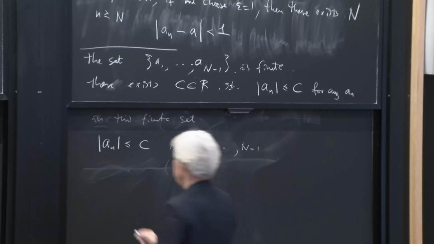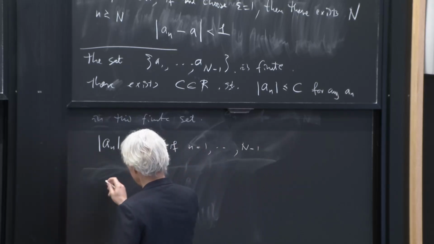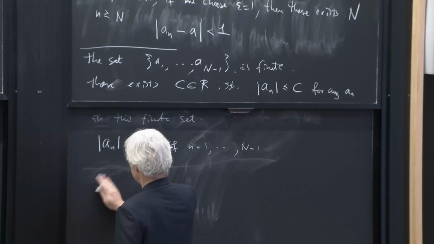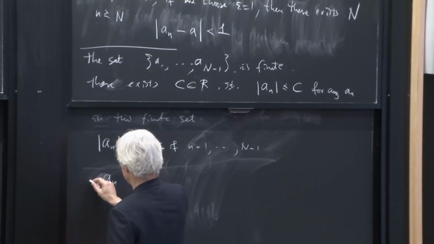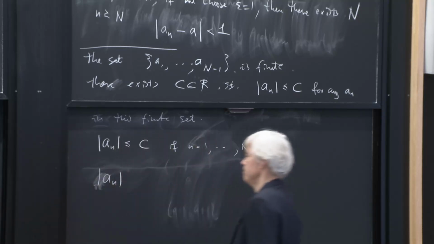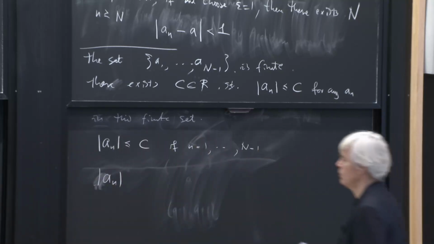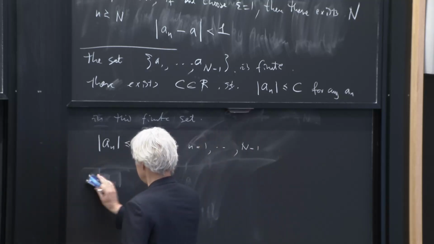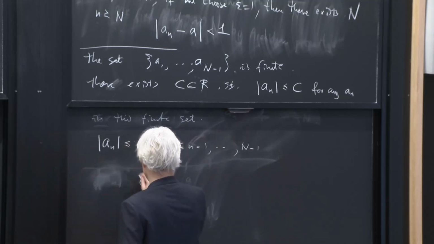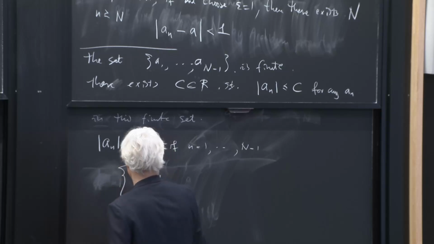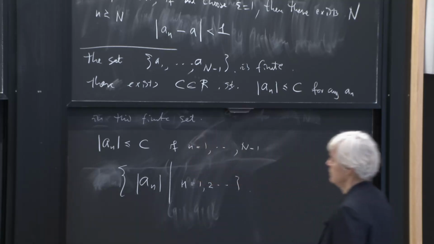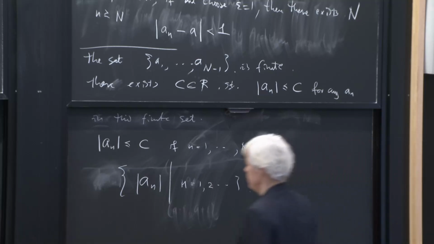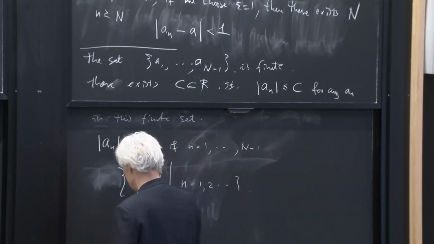So now I want to look at the numbers |a_n|, and I'm thinking about the set of |a_n|, where n here is 1, 2, etc., right? Well, I claim that I can now prove that this set here is bounded.